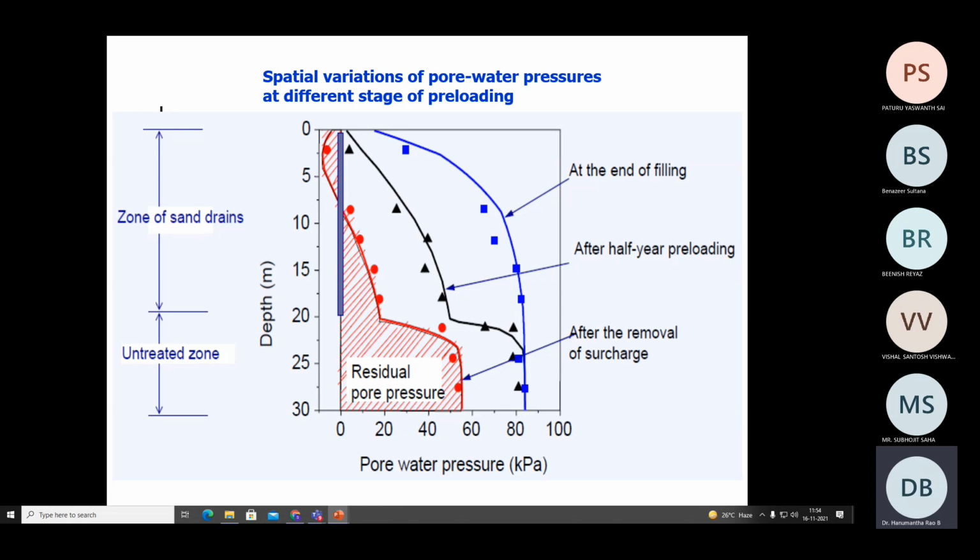Here we should understand that we need some kind of monitoring mechanism by which the performance of the PVD is assessed. One monitoring parameter is the deformation. The second one is pore water pressure. So you need to install a device to monitor the deformation, and you need to install devices within the soil to measure the increment or decrement in the pore water pressure.